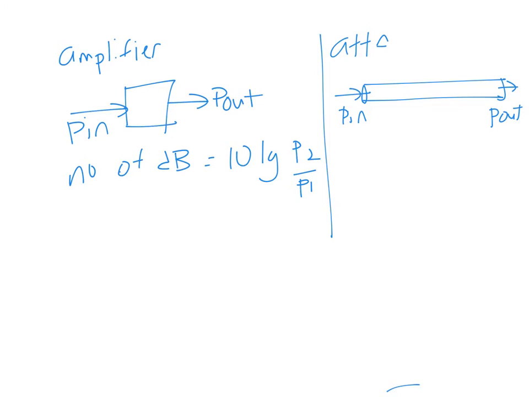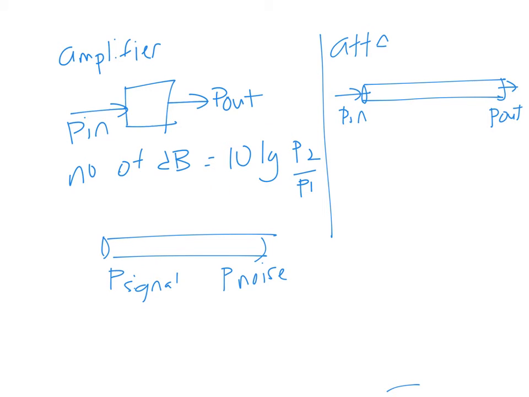We can also use it for the ratio of any two powers. For example, sometimes they will tell you that in a cable, you have your signal and you have your noise. If we know the signal is bigger than the noise and they want to find the ratio of the signal over the noise, we can also use the same formula.